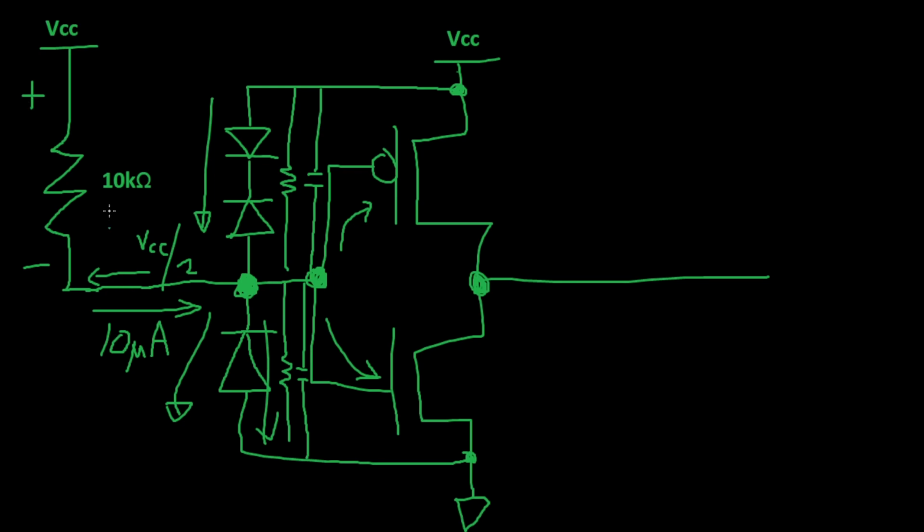With 10 kilo ohms times 10 microamps, we're looking at approximately 0.1 volts across this resistor in the worst case. That's assuming we have all 10 microamps going through this resistor. And remember, that's the maximum in the datasheet, so we probably would never actually see that value. I would say 10 kilo ohms is a very safe value to put here.